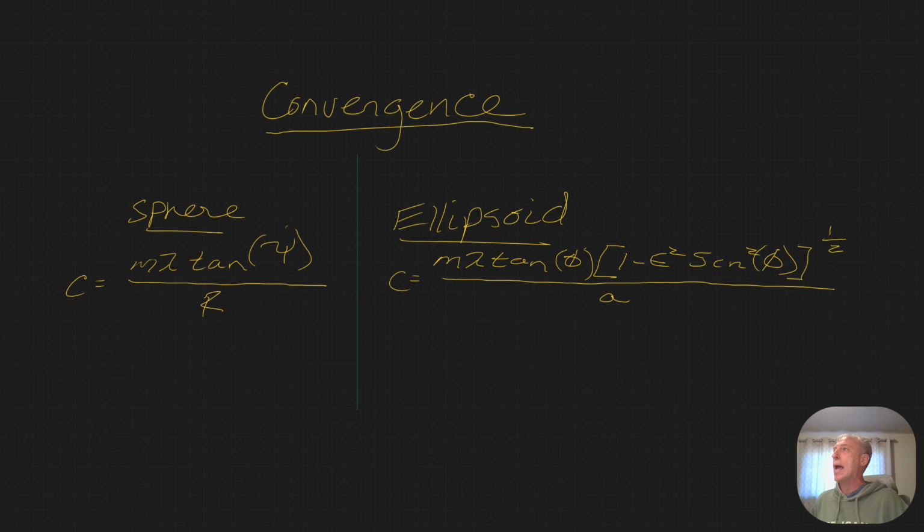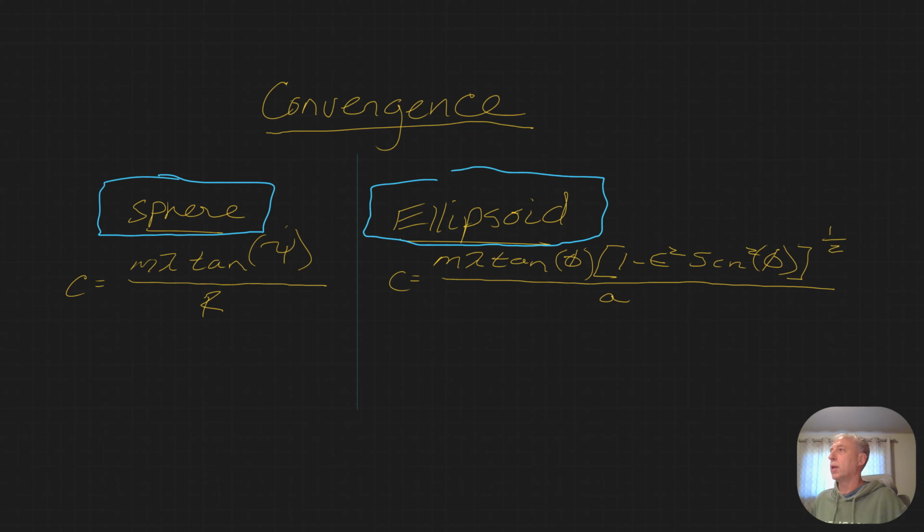And just as a segue, we left off last time talking about convergence, and I hinted at where we were going by showing you the spherical convergence formula. And then I dropped this bomb, the ellipsoid convergence formula. And if you look at them, they're pretty similar with a little bit of a difference.